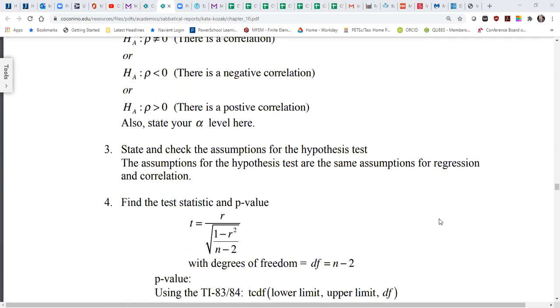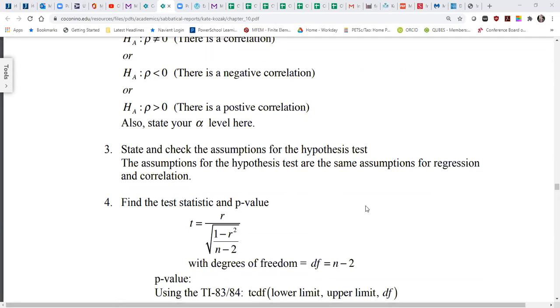And you need to state and check the assumptions for the hypothesis test. The assumptions for the hypothesis test are the same assumptions as for regression and correlation. And then you need to find the test statistic and also the p-value.